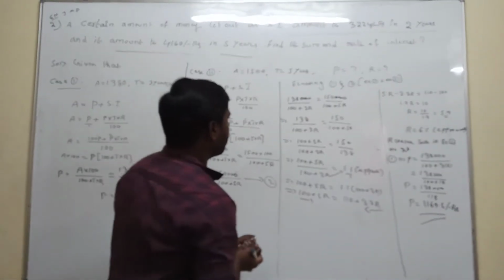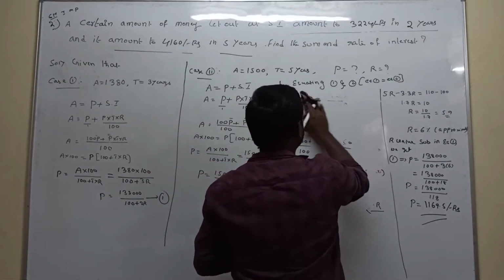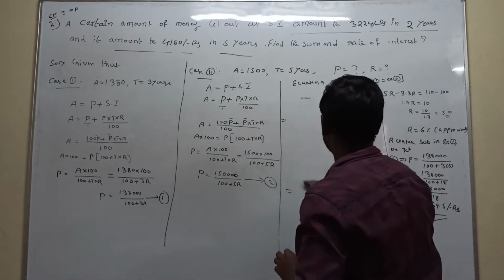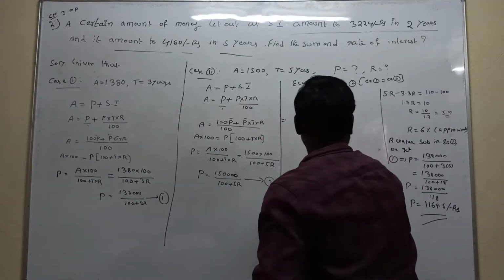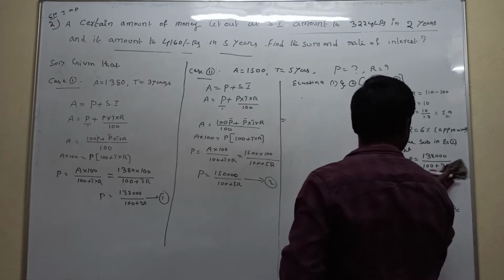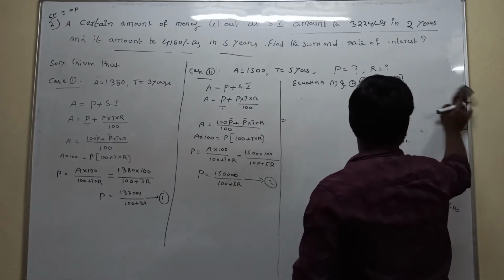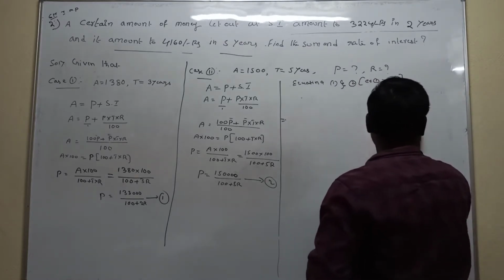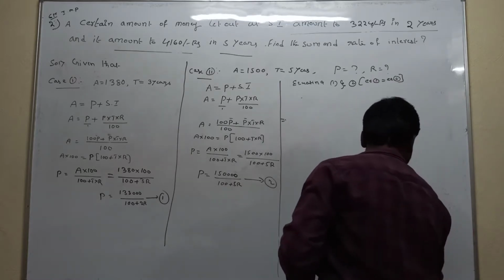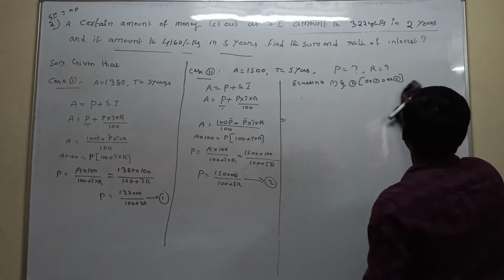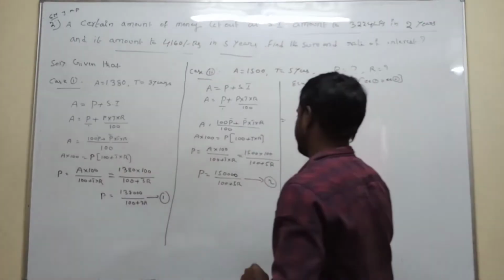Here also the same formula applies. Only values are interchanging, so remaining everything will be the same formula. Only here we need to calculate principal amount and rate of interest.